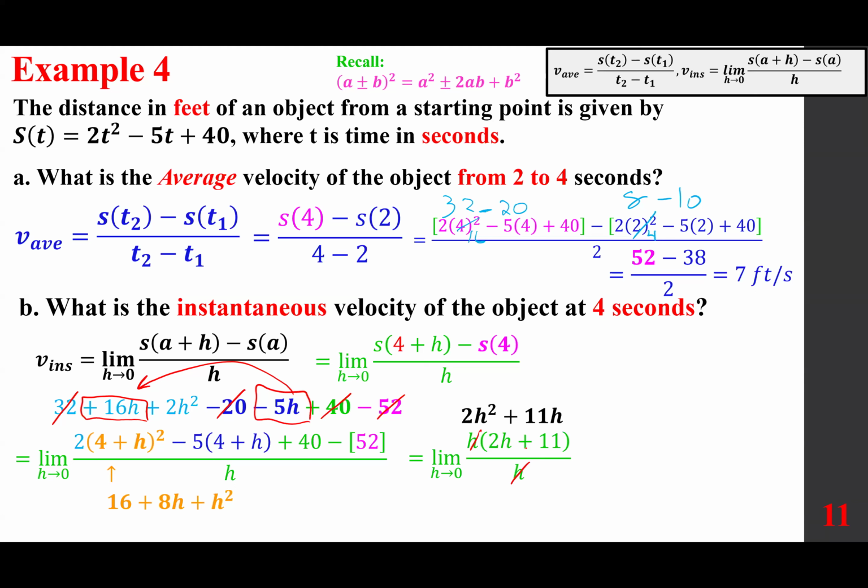Bear in mind, we have a 0 in the denominator that creates a problem, so we are hoping to get rid of it. It happens in this manner. And of course, right now, remember, you have to keep the limit here. So therefore, you can apply the 0 to h, and you get 11 feet per second.